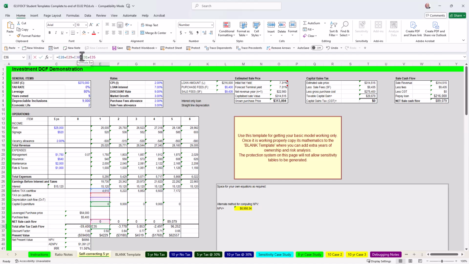So you'll notice that here we've got E31 as the representation of how the capital expenditure comes in as a negative, and so that enables this to look a bit tidier, but these are still working correctly. That's all fine.